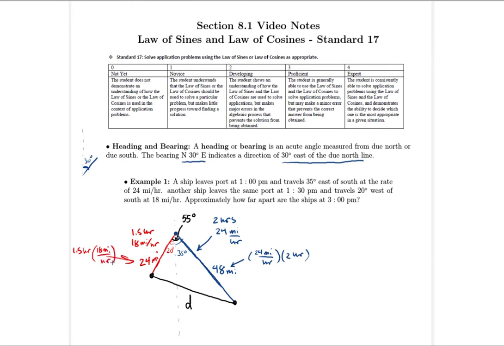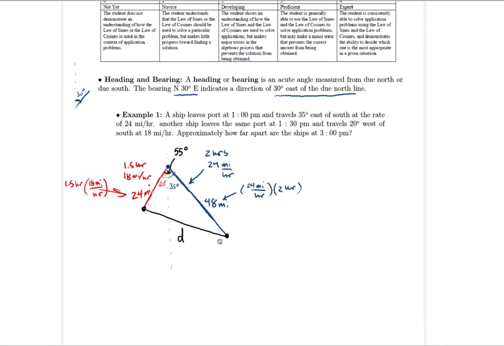Now, let's think about what we learned in the previous topic when we're talking about law of cosines, law of sines. When do we want to use each one? Well, remember that if you know two sides and the angle between them, then you can easily find that third side with the law of cosines.